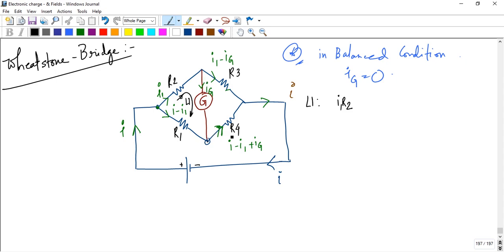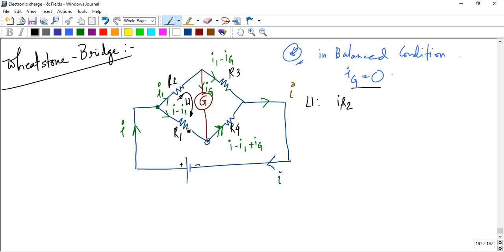But IG is 0 in the balanced condition, so ignore that part. Zero current is referred to as an open circuit, which means the voltage VG is 0.